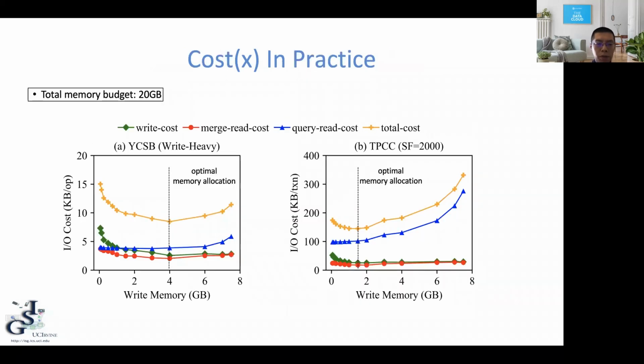In order to convince you, I'm going to show you some results of the cost function in practice. We did a bunch of experiments using YCSB, and as you can see, in general, both YCSB and TPC-C workloads follow the same U-shape cost function, which allows their workloads to be effectively tuned using a continuous tuning method.